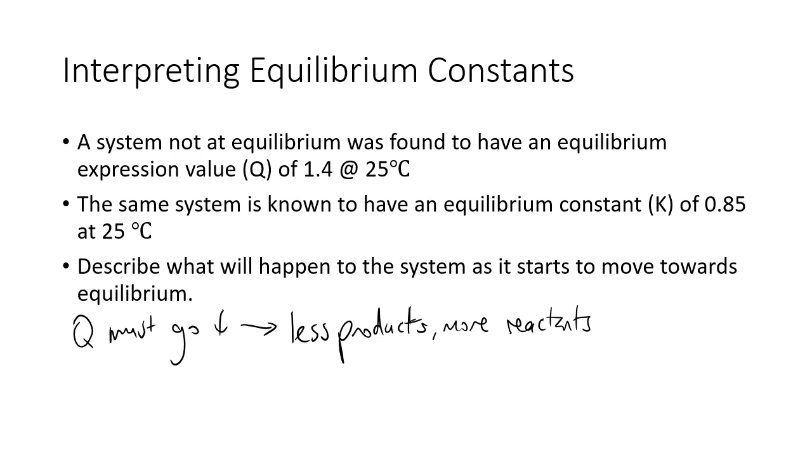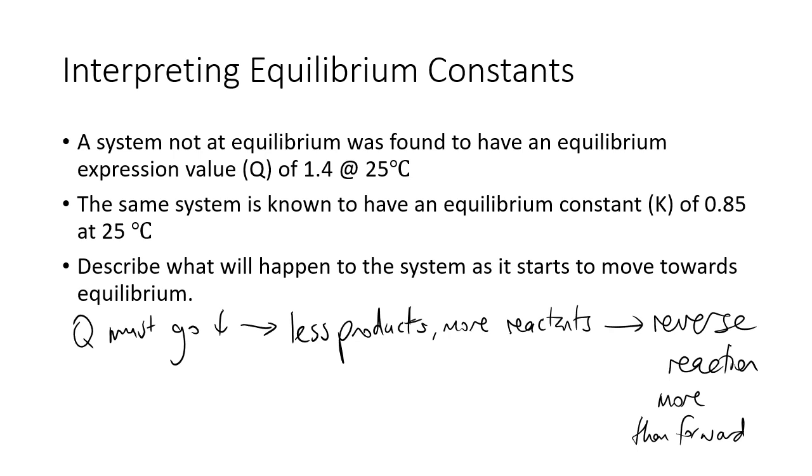So if you have less products and more reactants, which reaction is that? That's the reverse reaction. So the reverse reaction must occur more than forward. We will say that that would shift to the left, because reverse reaction is shifting to the left.